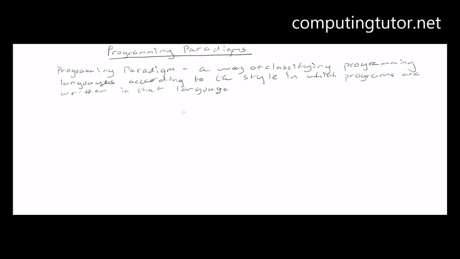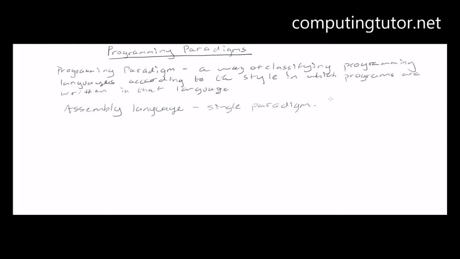So let's take the example of assembly language. Assembly language could be considered to be a single paradigm language because it will only be supporting an imperative style of programming.